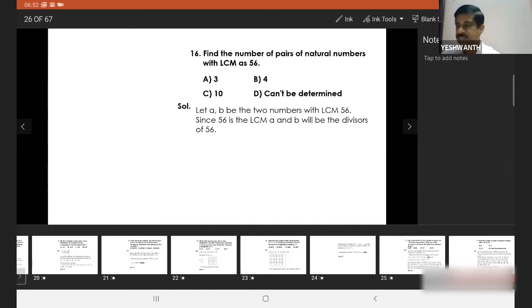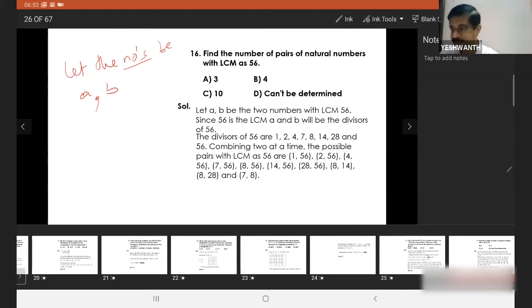So if I take the numbers as A and B with LCM 56, that means both A and B are divisors of 56.